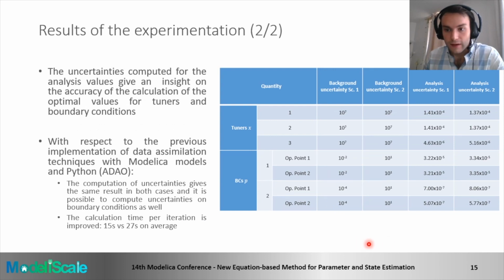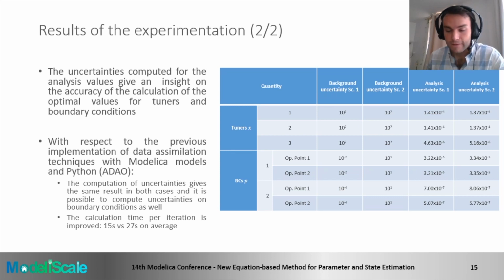Finally, we can also look at the uncertainties related to the estimated optimal state, and they are very close in both cases. So it means the model is giving a very good estimation through the measurements that we are using. I also compared to a previous implementation of data assimilation that was done with ADAO, a Python toolbox that was using the model as a black box.